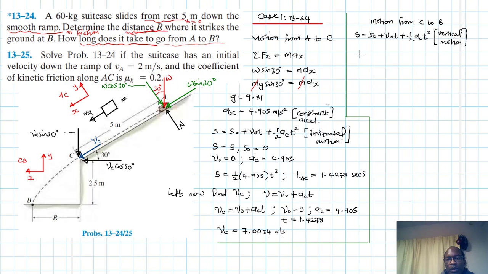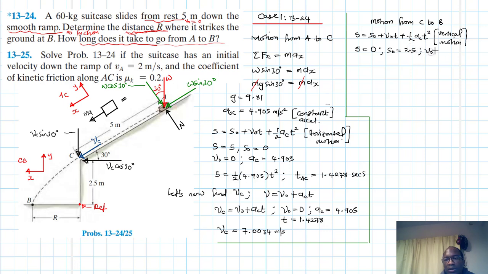Okay, so what do we have here? Our S here is just equal to 0. This point here is our reference. Then S naught is just equal to 2.5.